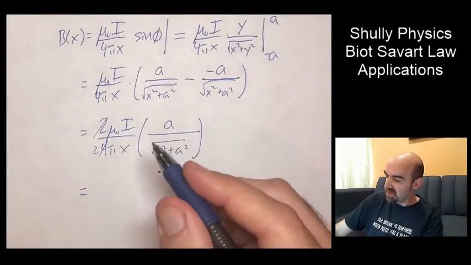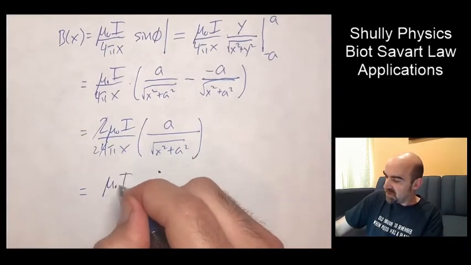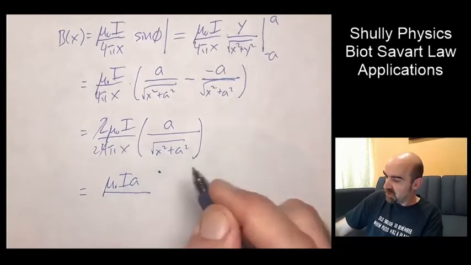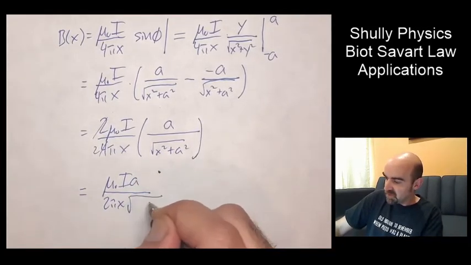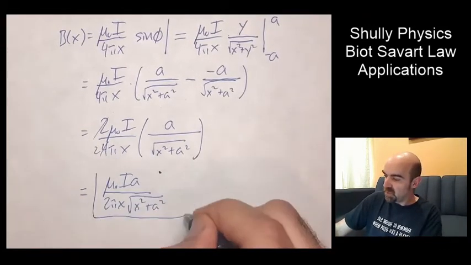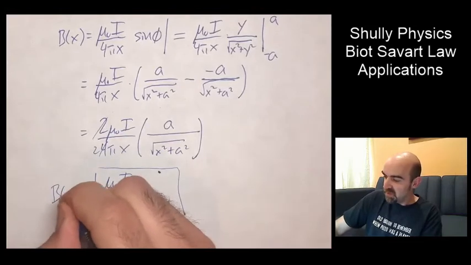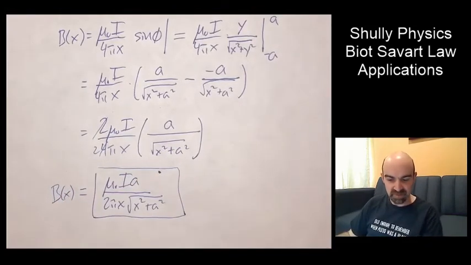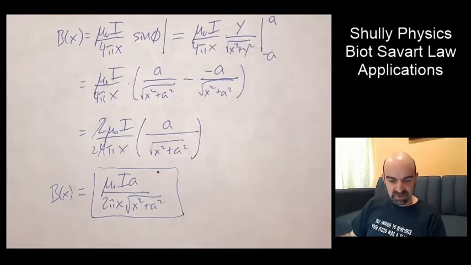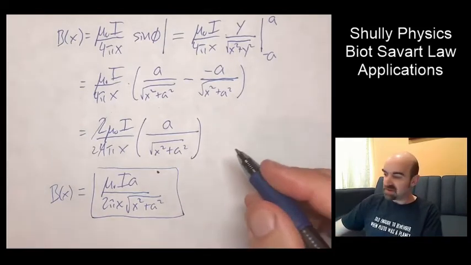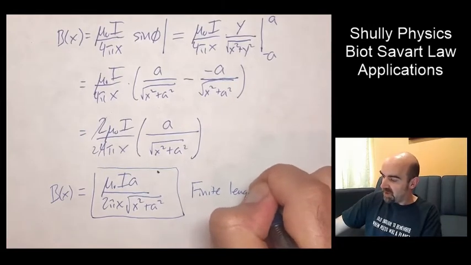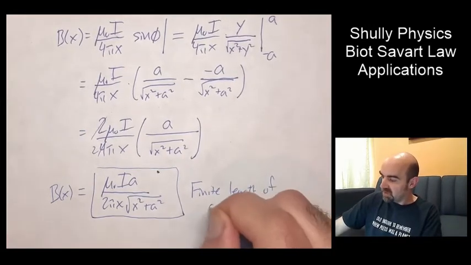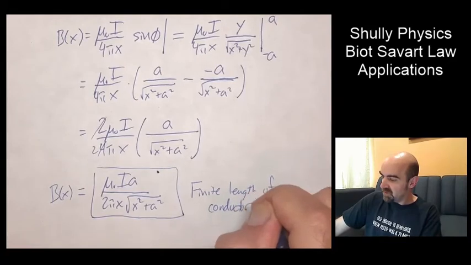So we end up with mu naught I a over 2 pi x root x squared plus a squared. That's the magnetic field at that point. Double checking, looks like I have it. So this is for a very finite length of wire or of conductor. Okay, finite.